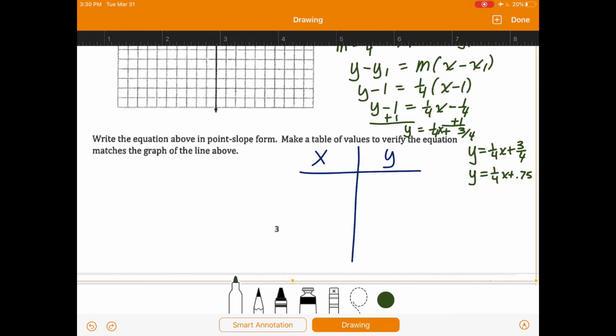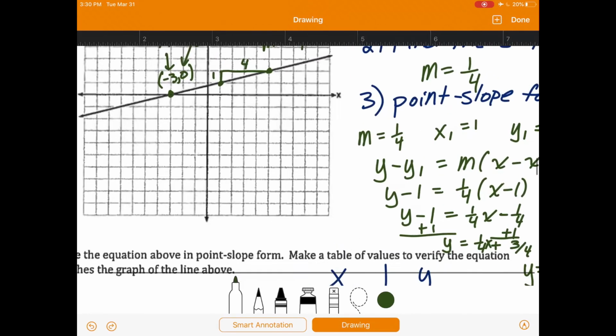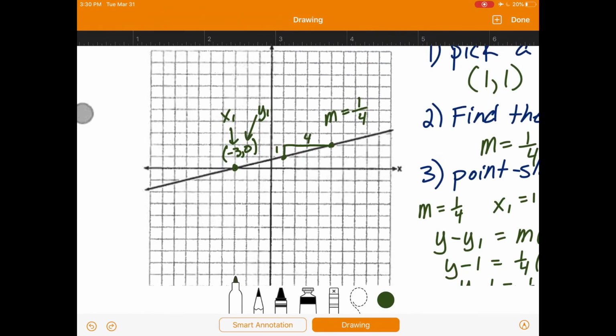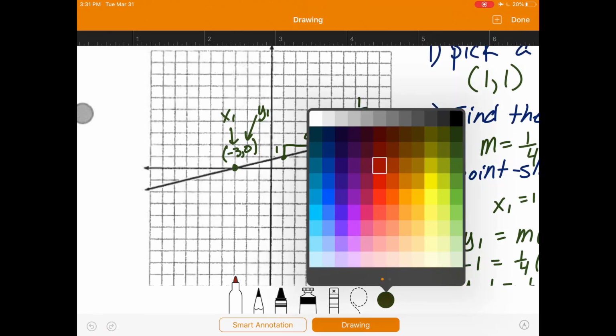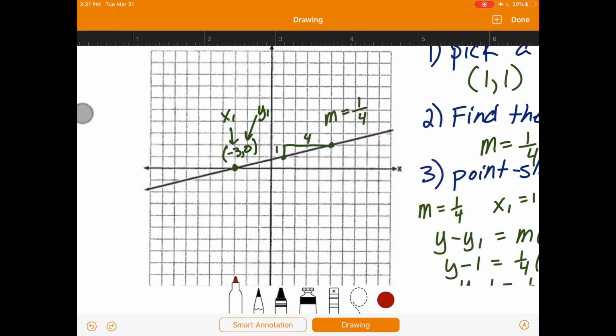So if you were to take the x values that you see that are going to be whole number answers, that's what we're going to go with. So I'm going to put this in another color. The x values that are going to end up on nice points, as I'm calling them, are going to be this point, 1, 1, and the x value is 1, so I'm just going to do the x values for now.